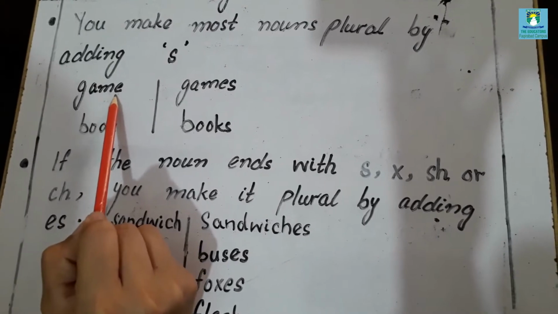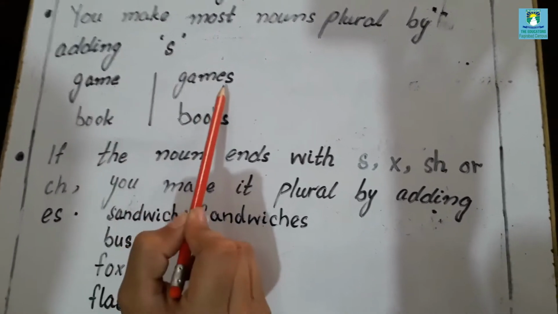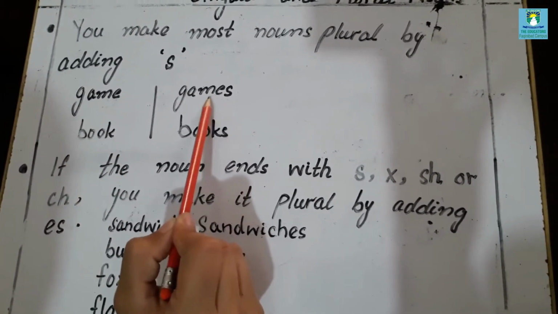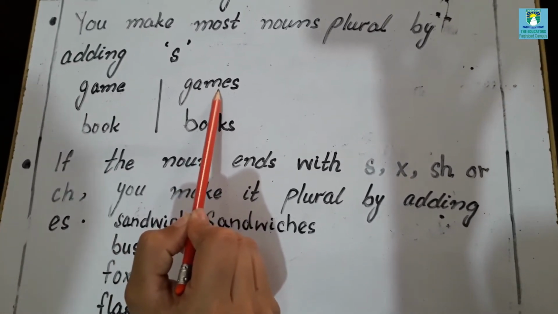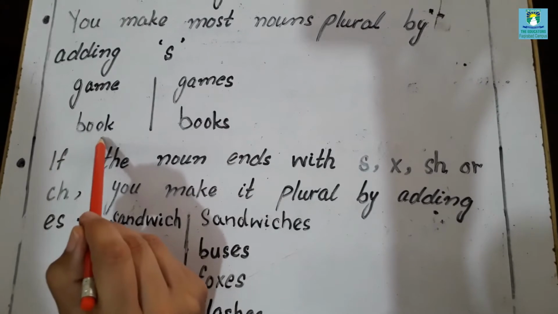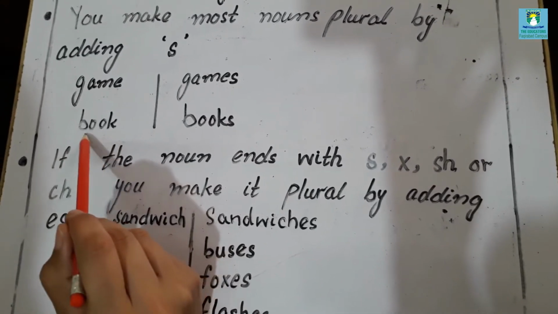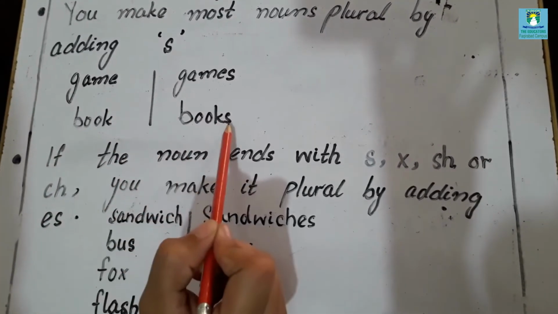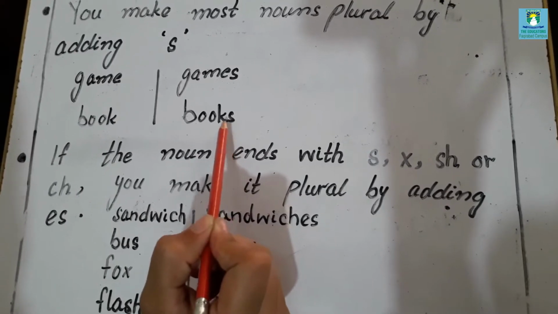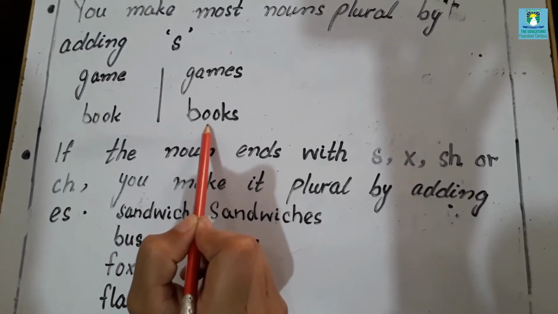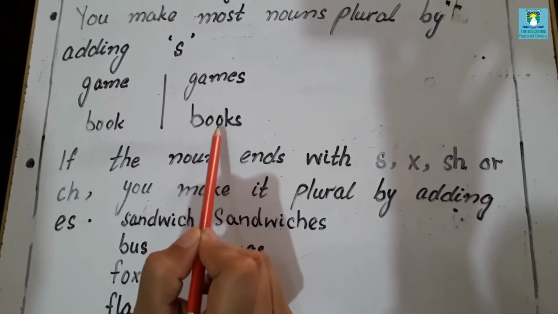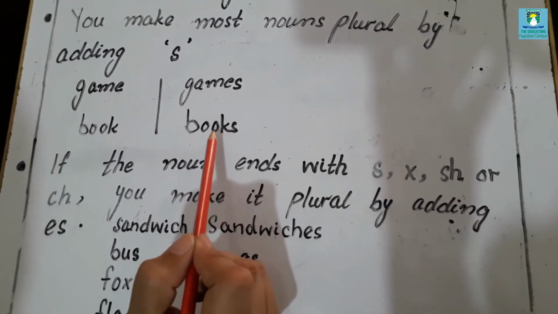Game means one game, but when we put s at the end of game, it becomes plural and means more than one game. The second example is book. It means one book, but when I add s at the end of it, it becomes plural and means more than one book. So the first rule is that some nouns can be made plural just by adding s at the end.